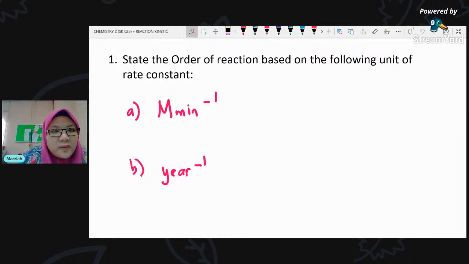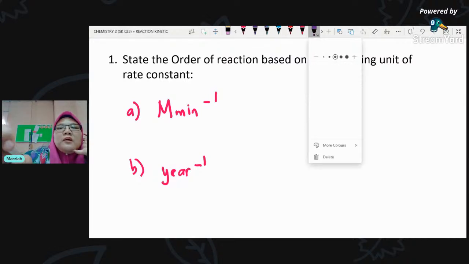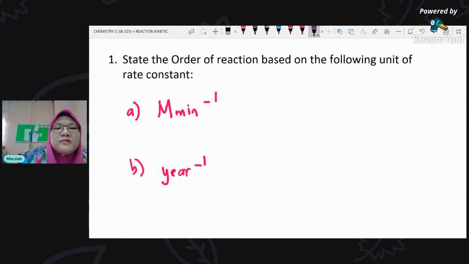So anybody want to try? What is the order of the reaction for A? If you don't know how to identify, we can write the general formula first.